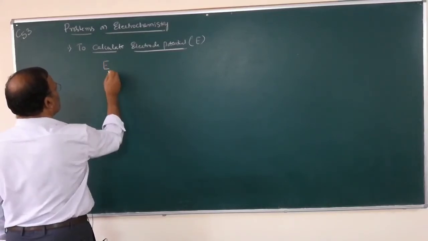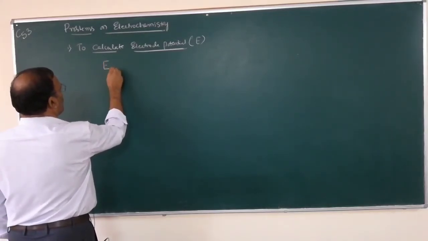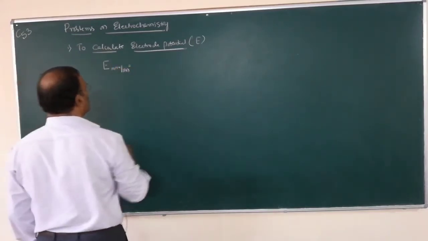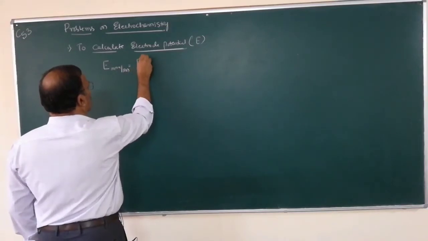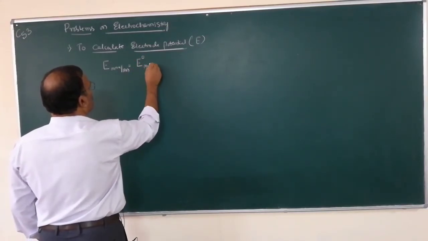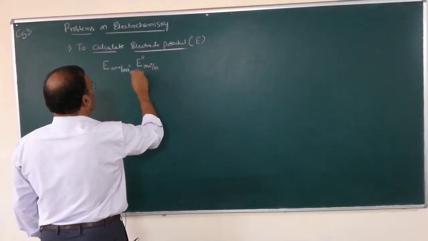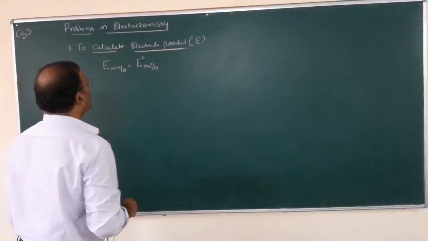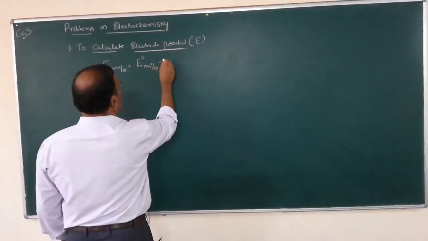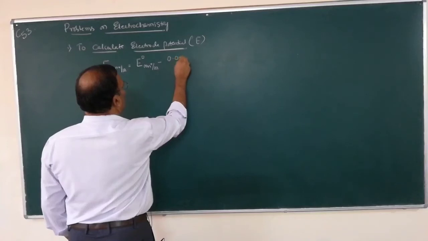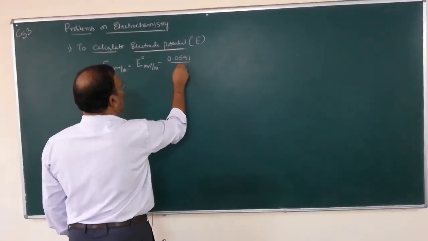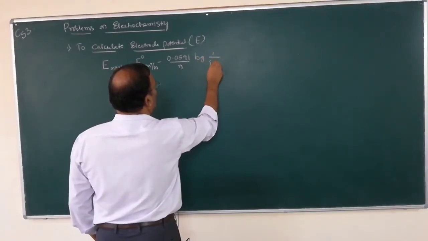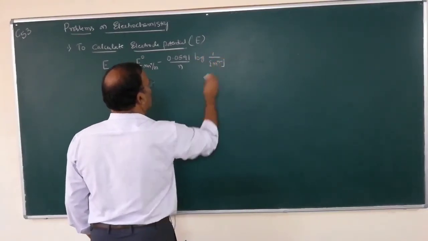That is E of M n+ bar M, the electrode potential, is equal to E naught of M n+ bar M, that is the standard electrode potential, minus 0.0591 divided by n log of 1 over M n+.